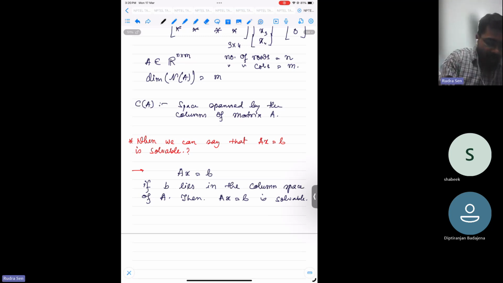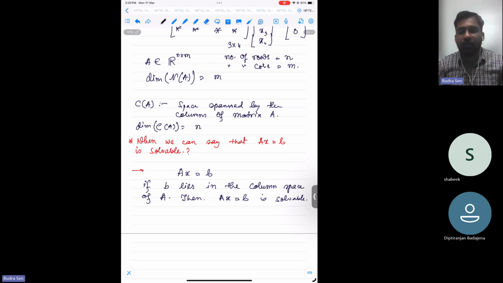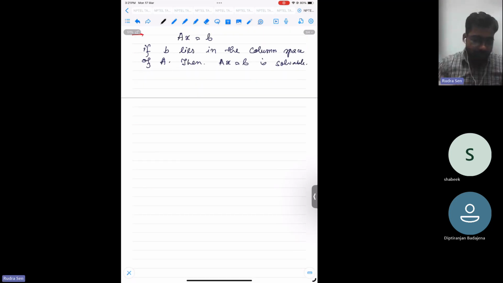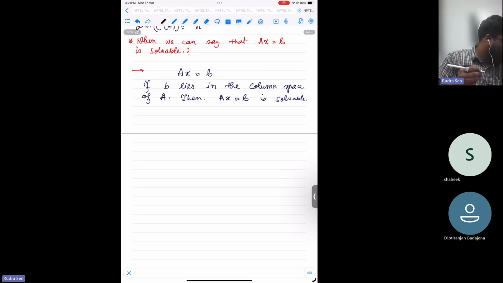What will be the dimension of the column space? The dimension of the column space of A is basically n for a particular n cross m matrix, because every column consists of n elements. You need to think of something like that. Let me just draw a picture for you, then it will be clear.